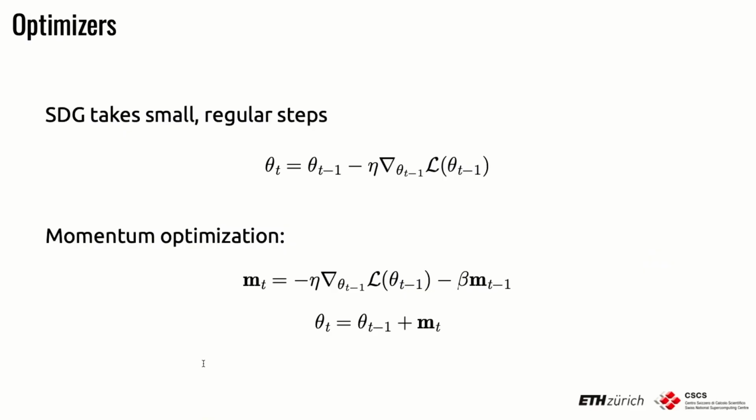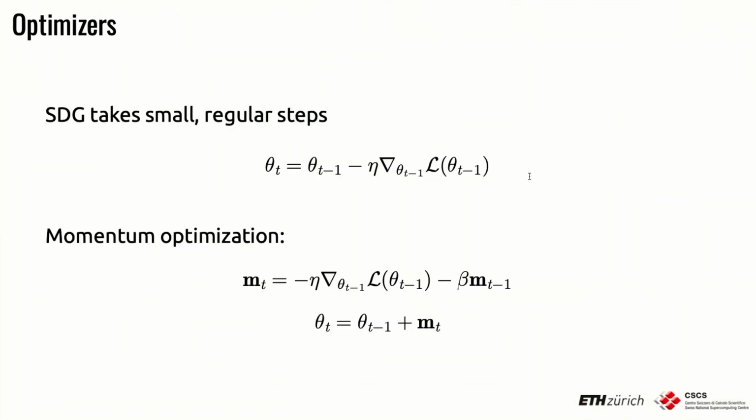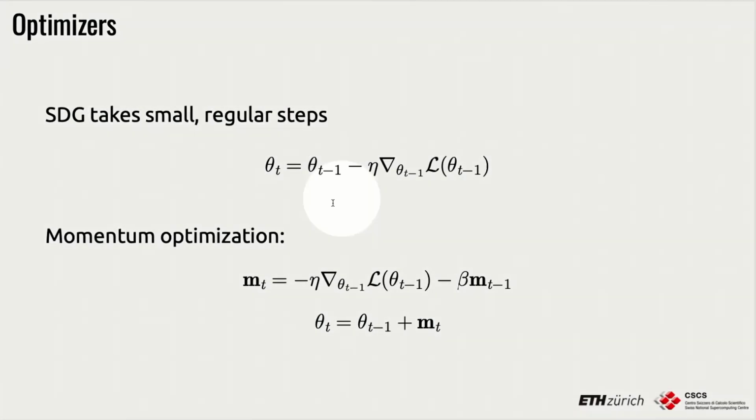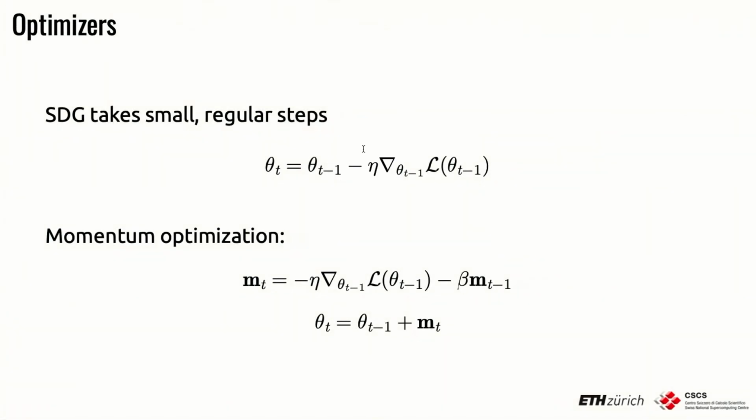And then optimizers, there are a whole bunch of them, and it's a whole topic on its own. But just to explain what this momentum parameter is, yesterday we have seen that stochastic gradient descent is just updating your parameters with the gradient of the loss with respect to that parameter, and you have the learning rate.